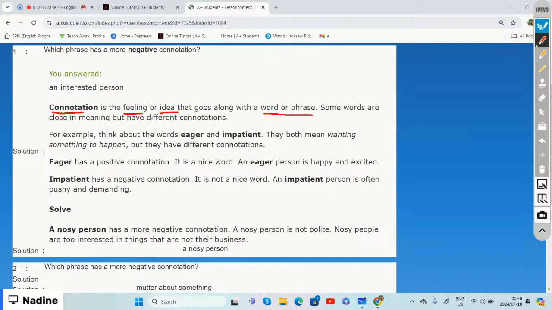All right, so connotations are the feelings or ideas that go along with a word or a phrase. We have positive connotations and negative connotations. Positive connotations are kind words, whereas negative connotations are like being impatient, things that are not so nice.